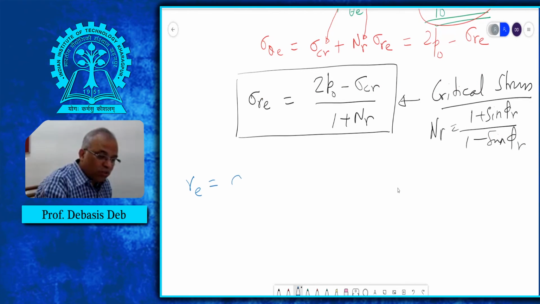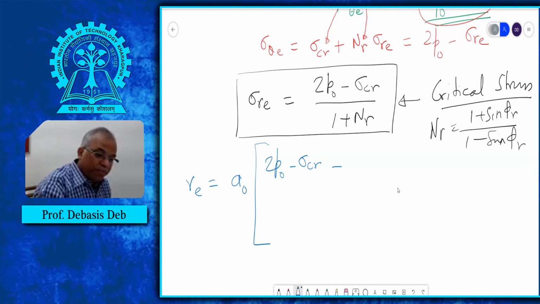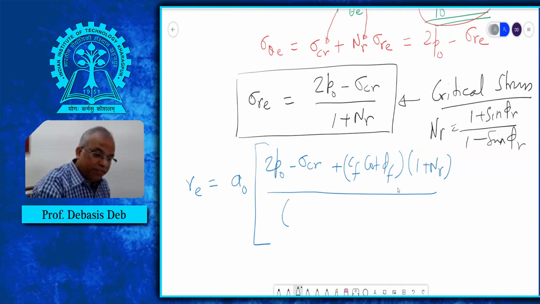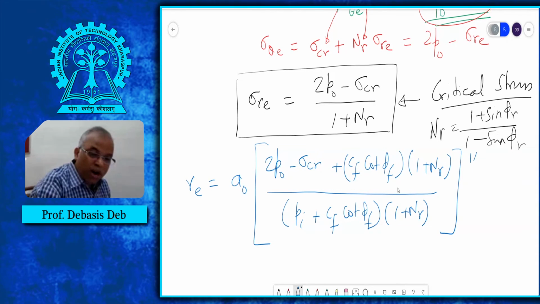So Re is equal to a, 2 P naught minus sigma CR plus CF cot phi F, 1 plus NR, divided by Pi plus CF cot phi F, 1 plus nr. This entire thing to the power 1 by nf minus 1.